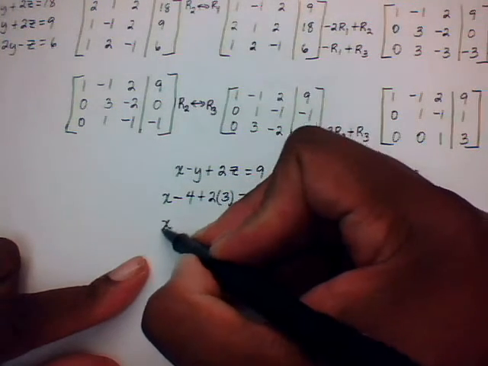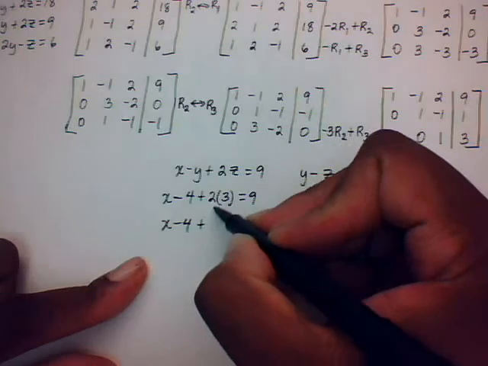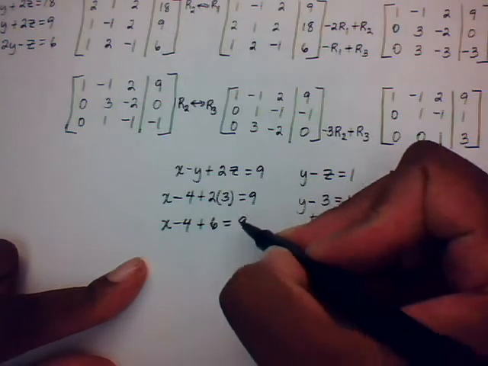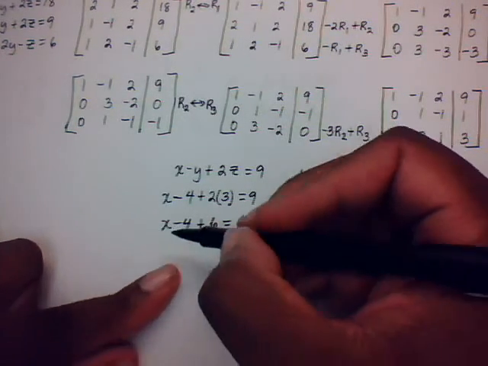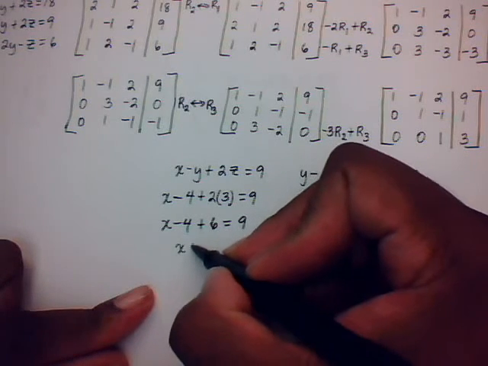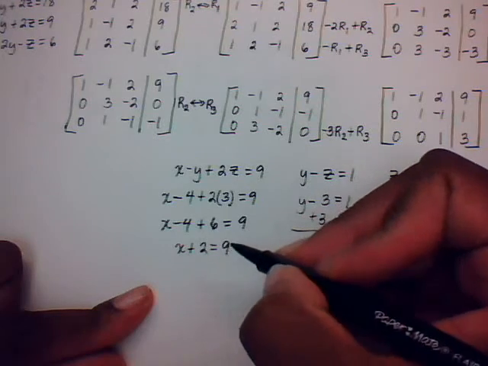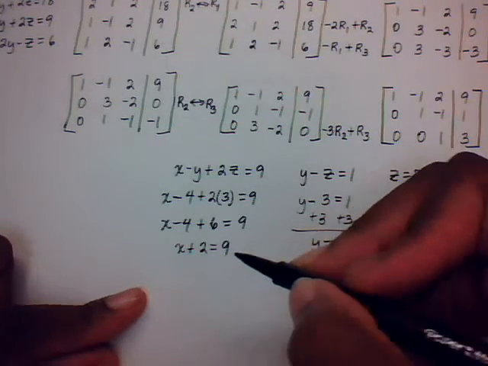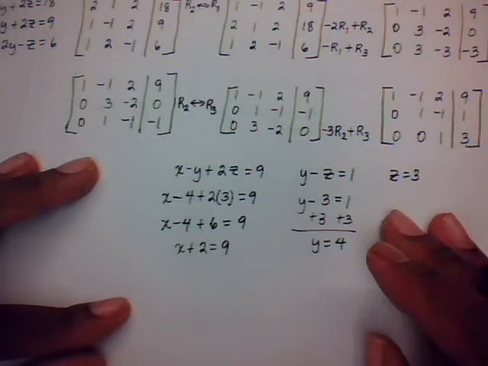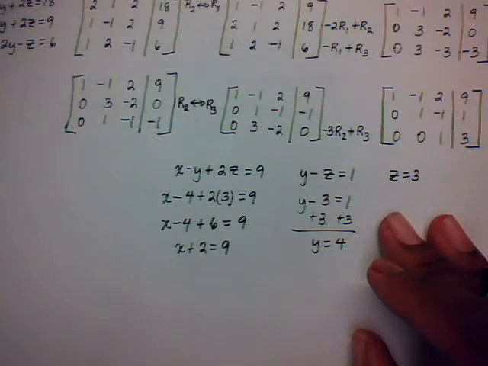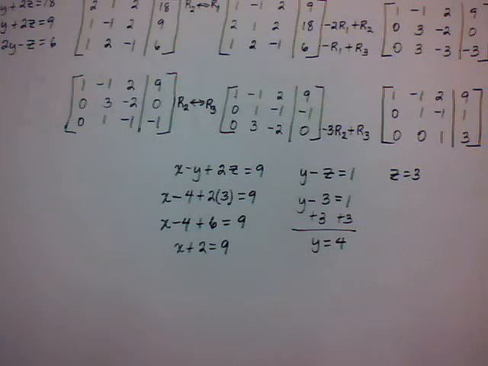Let's simplify this. X minus 4 plus 2 times 3 is 6 is equal to 9. And then minus 4 plus 6 will give you plus 2. So x plus 2 is equal to 9. Wait a minute.